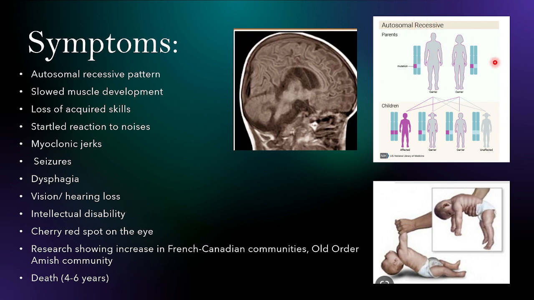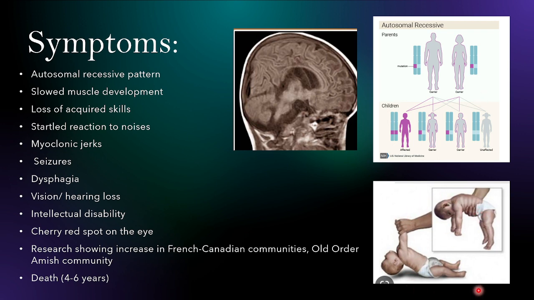If both parents are carriers, right here, the purple thing, that means there's a chance for it to be passed on to a child, which is 25%.